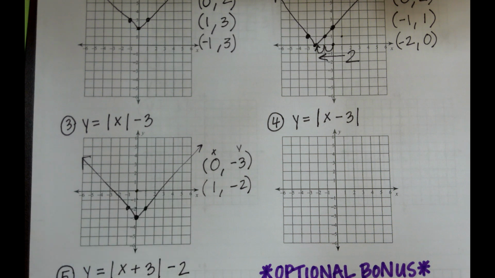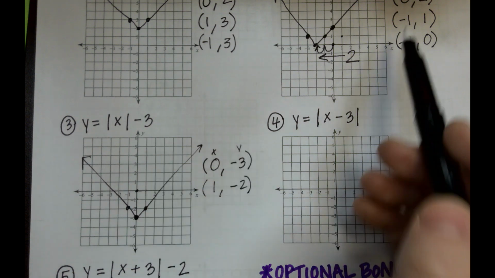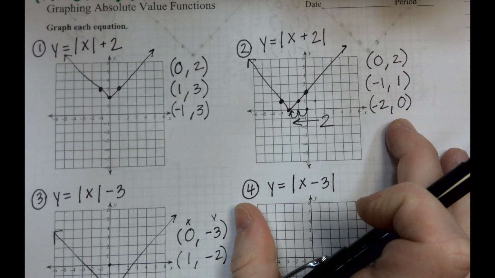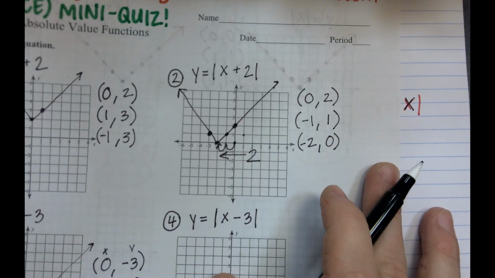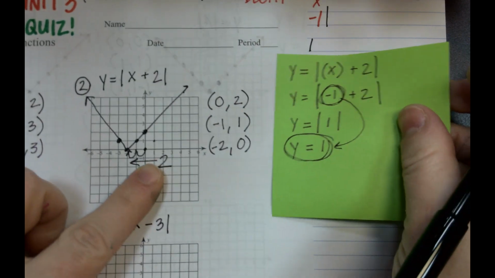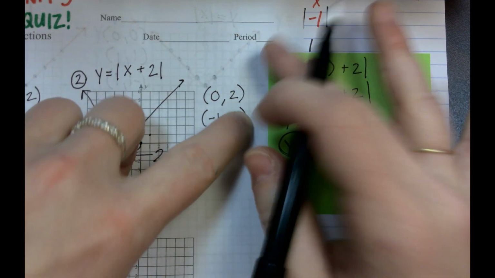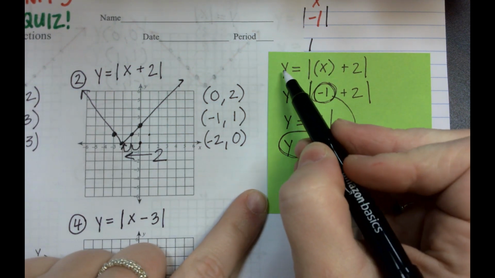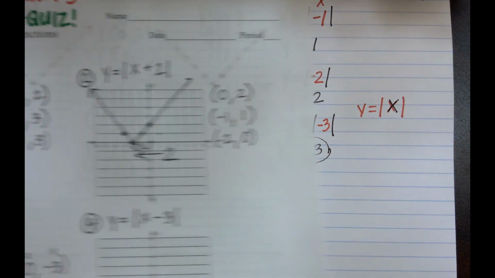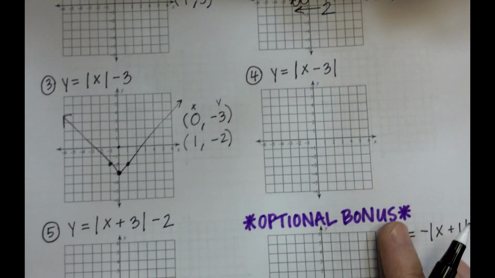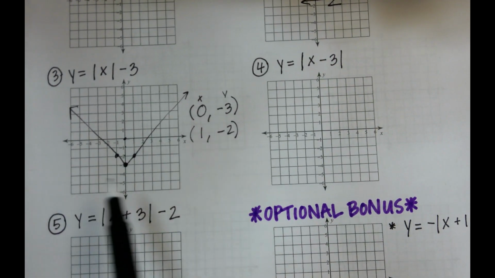Are you talking about number 2? Yeah, where you got +2 and -2. Sure. I'll show you the work for that on number 2. So we took the original equation, which was y equals. I'm sorry, I meant number 3. That's okay. Which part of number 3's got you lost?